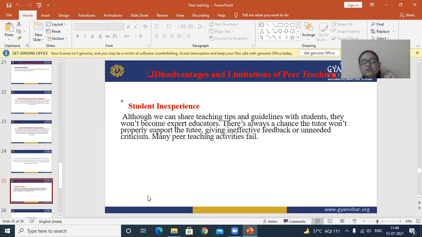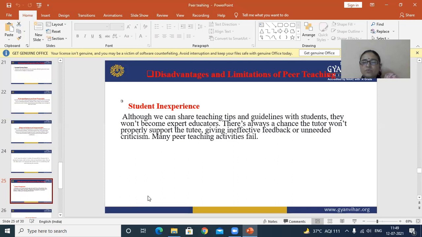Giving ineffective feedback or untouched criticism. Many peer teaching activities fail.